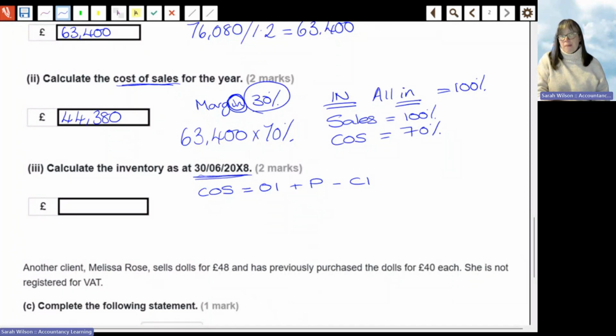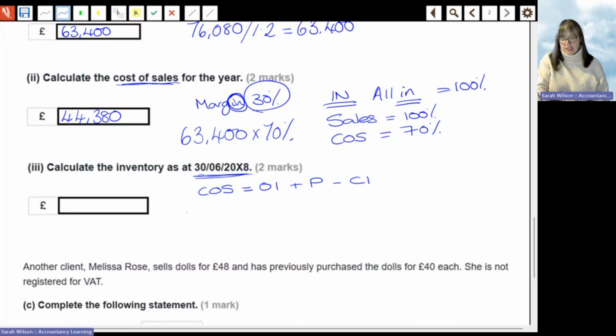So now we need to use our math skills in order to put the figures in and then rearrange our formula to find out what our closing inventory is. So cost of sales, we've already just worked out at 44,380.